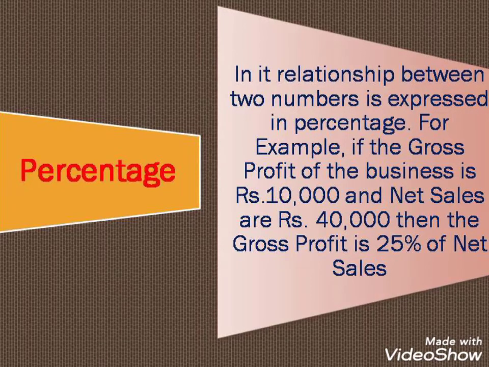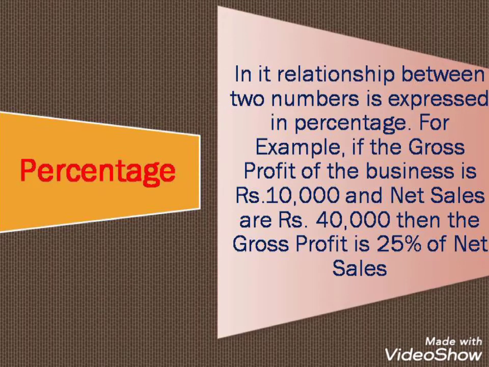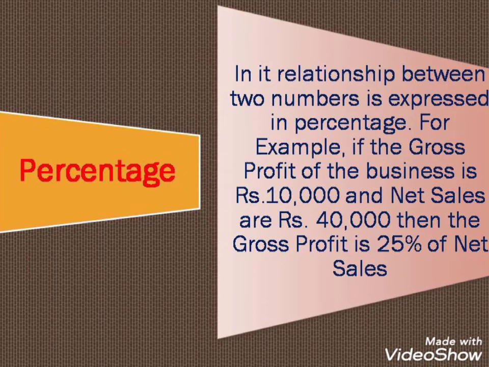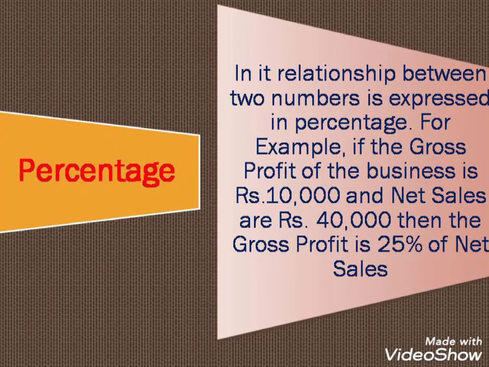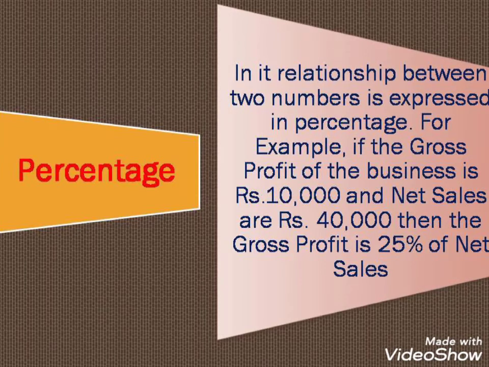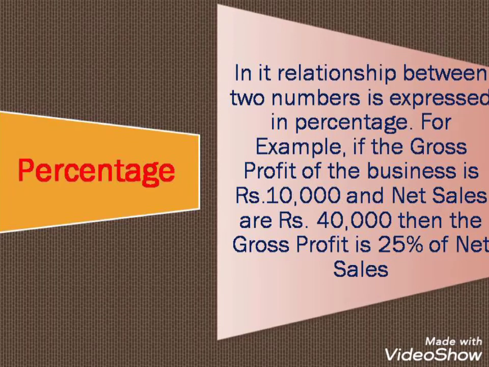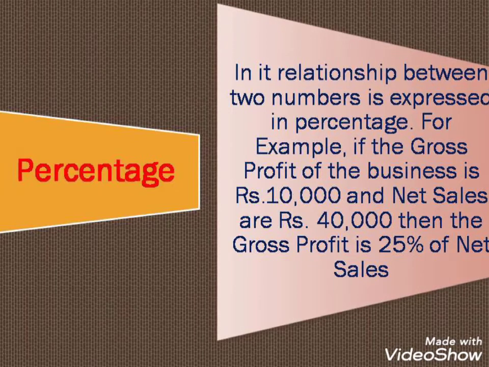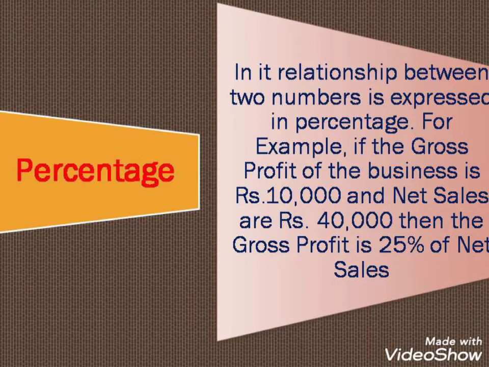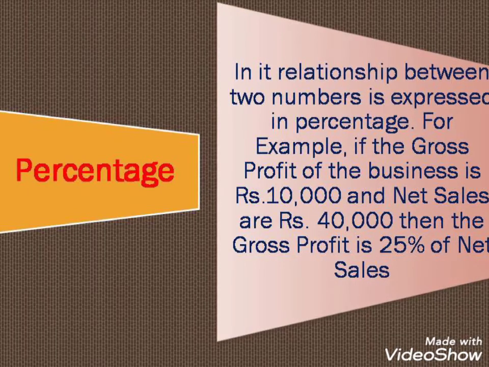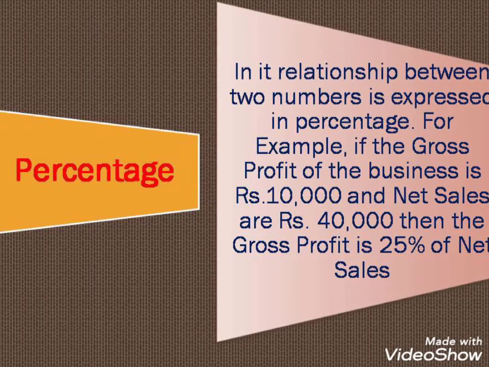Here, the gross profit of rupee 10,000 is being divided with net sales of rupee 40,000 and is multiplied with 100 to arrive at 25%. When this division is being multiplied with 100, the ratio will be expressed in percentage.